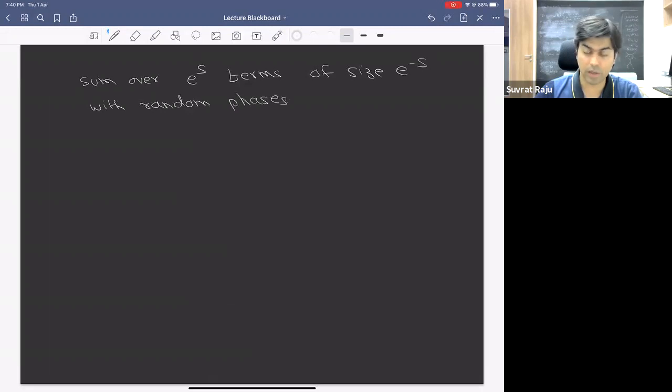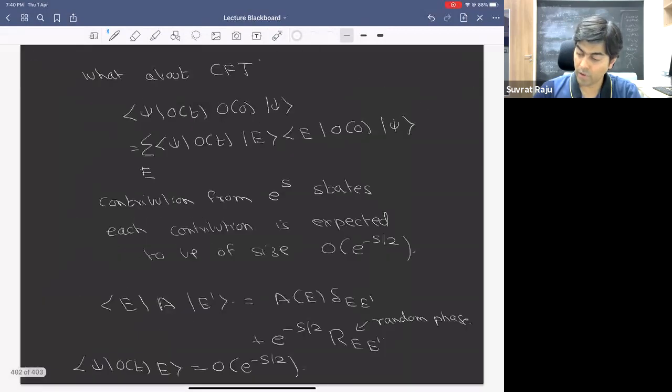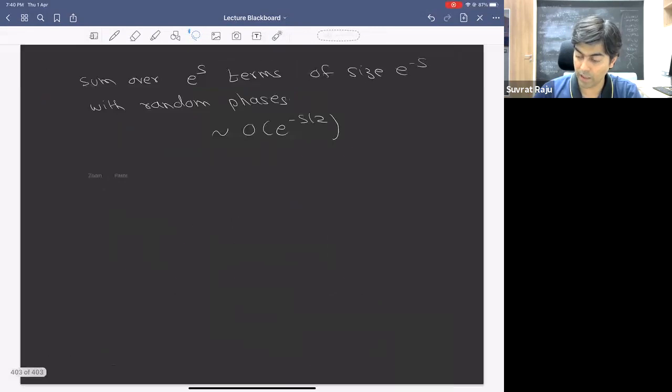And that whole expression you expect will be of order e to the minus s by 2. Okay. So just by this very simple random phase counting argument, we end up with the conclusion that this expression in the CFT is expected to be of order e to the minus s by 2 at late enough times.